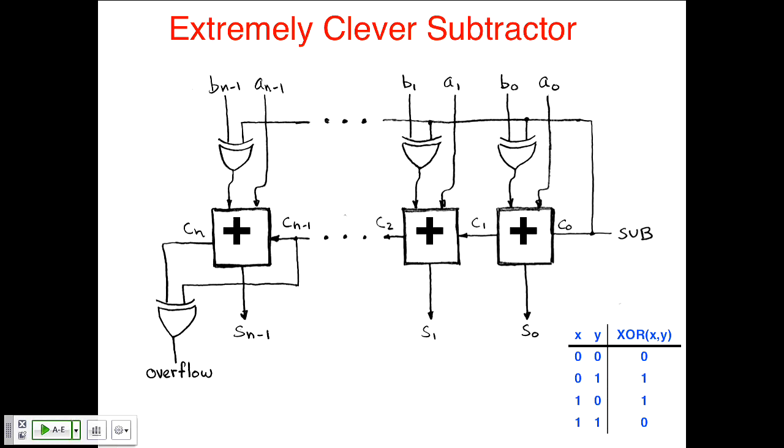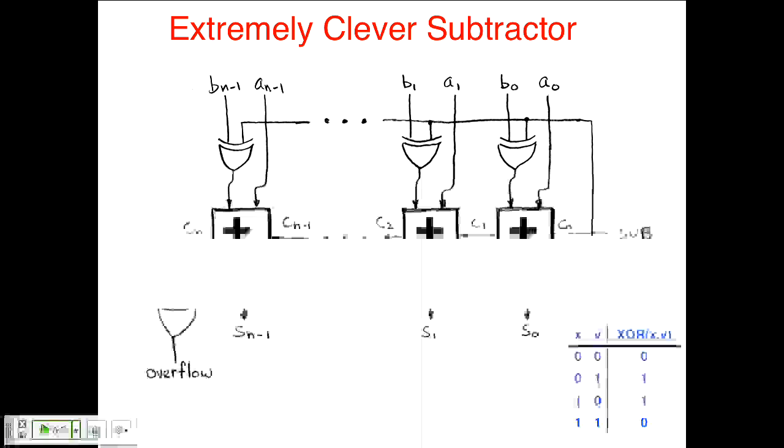So the output just follows X. When you set Y to 0, the output follows X. When Y is 0 and X is 1, the output's 1. But when you set that input to 1, you get the opposite of X on the output. So when Y is 1, X equals 0 means the output is 1. And when X equals 1, the output is 0. So you can view that the second signal conditionally changes the polarity of the first signal on the output.